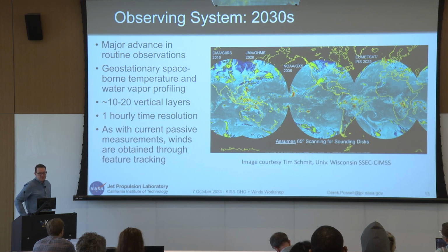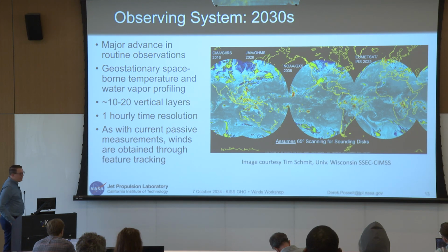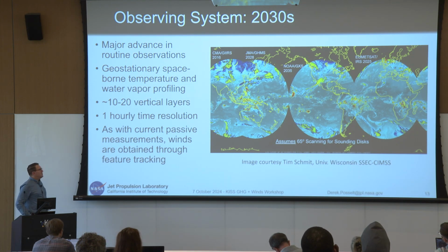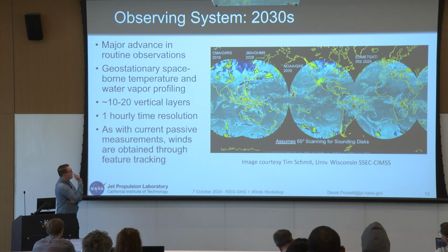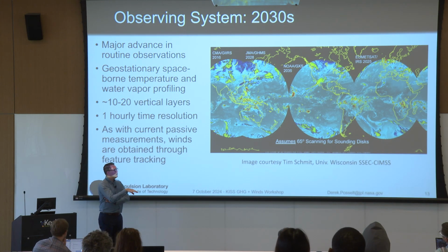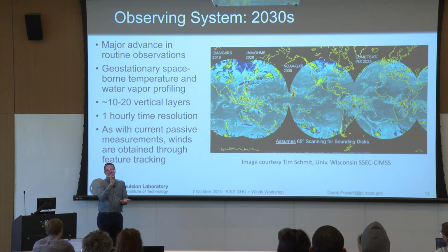Okay, so moving on, I mentioned the observing system of the 2030s. For wind information, this is probably what's going to make the biggest difference: instead of the geostationary satellites only measuring radiation in a few wavelengths, they'll be measuring infrared radiation in thousands of wavelengths.